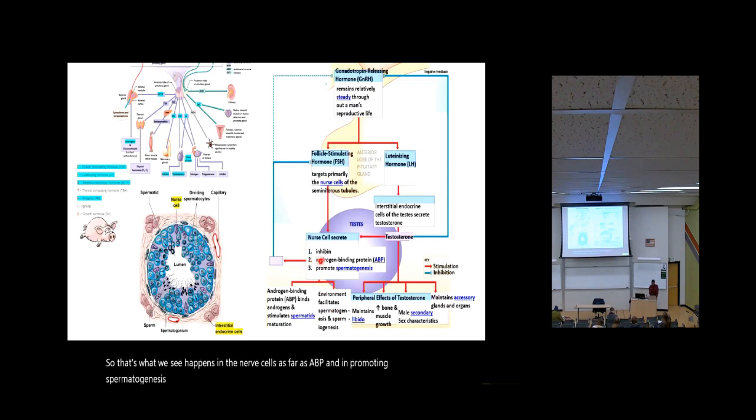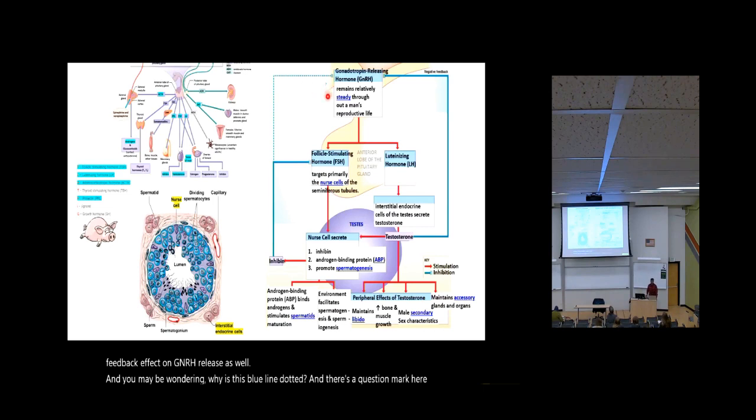Now notice that inhibin, as the name indicates, is going to inhibit something, and it has a negative feedback effect. So we see inhibin is going to have a negative feedback effect on the follicle stimulating hormone, and it is also thought that it can have a negative feedback effect on GnRH release as well. And you may be wondering, why is this blue line dotted and there's a question mark here?